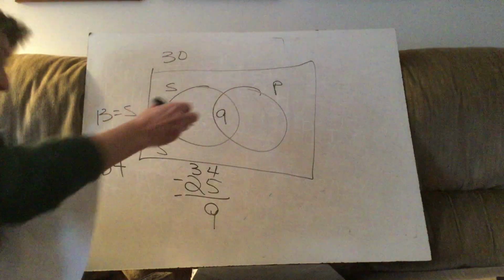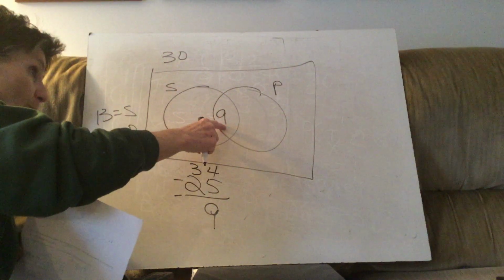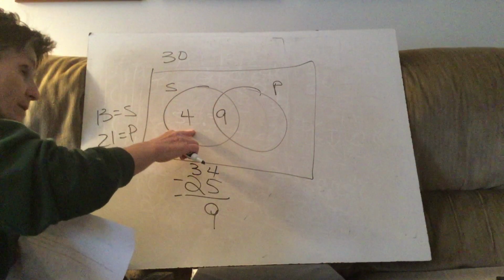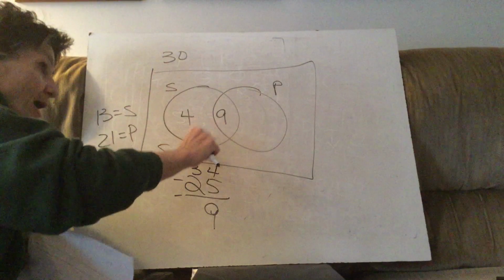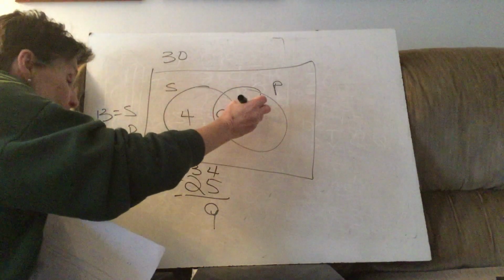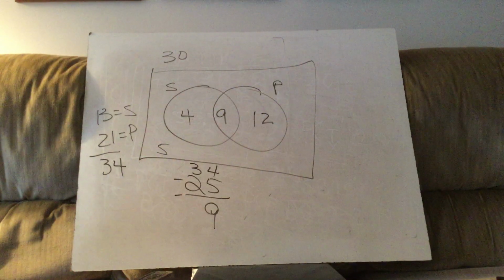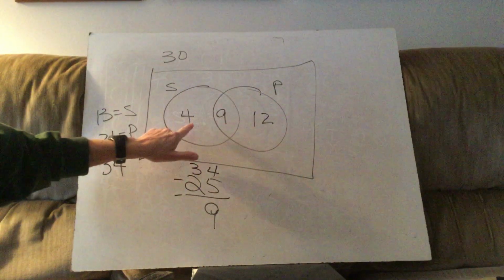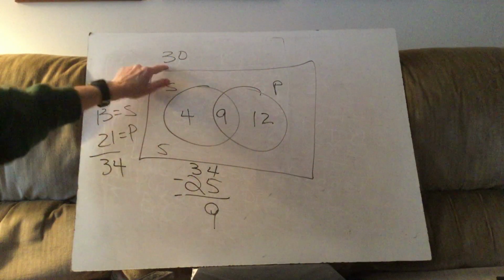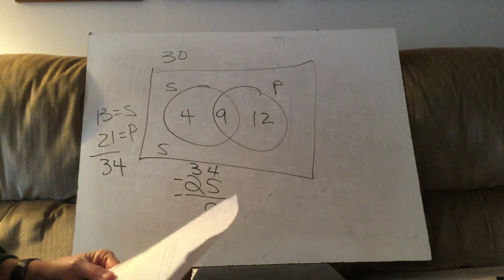Now, if 13 people bought sandwiches altogether and 9 of them are already here, then there are 4 here. And if there are 21 people who bought pizzas altogether, but 9 of them are here, then there must be 12 of them there. Now, a quick check. If you add 12 and 9 and 4 and 5, you should get 30. And you do. So now we're ready to answer the questions.